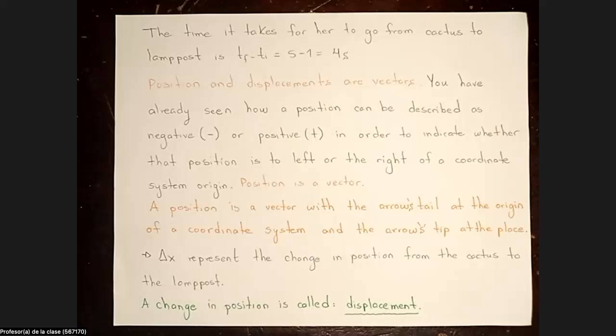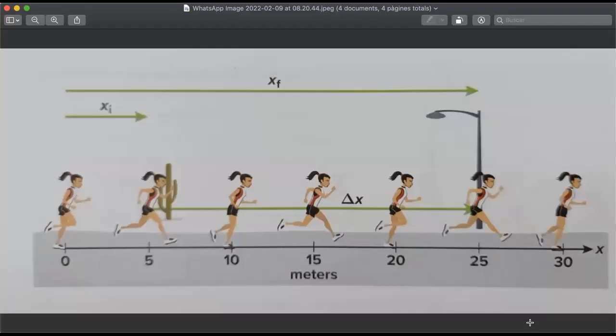Position is a vector, okay? So back to the imagination. For example, here, a position is a vector with an arrow tail at the origin of a coordinate system, right? And the arrow's tip at the place or the final point in your coordinate system.